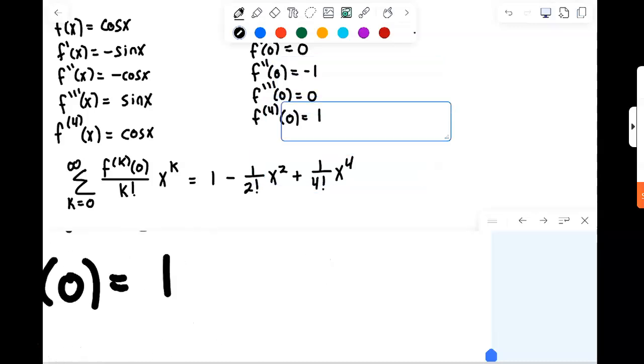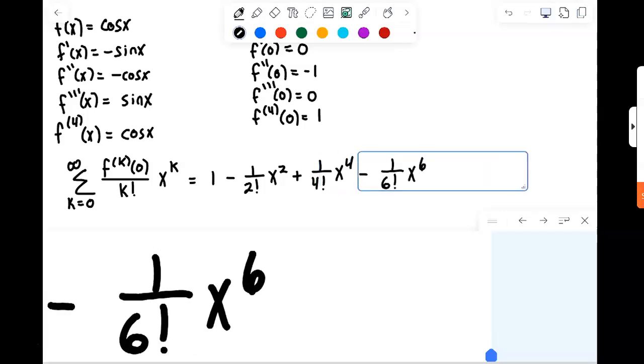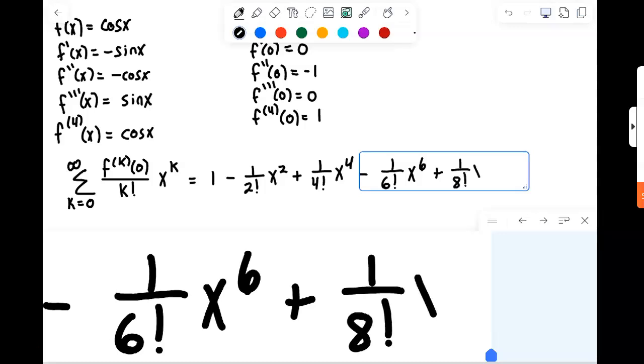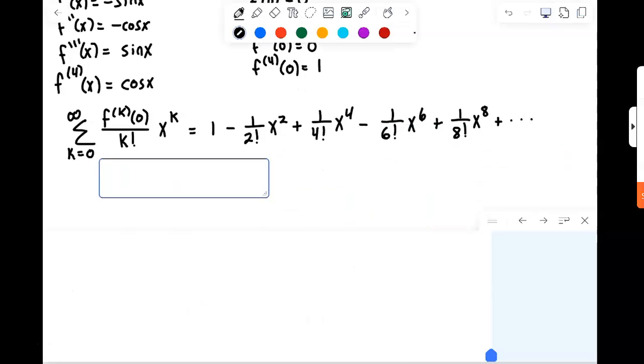The sixth would be back to minus 1, so minus 1 over 6 factorial, x to the sixth. And then plus, skipping the seventh, 1 again over 8 factorial, x to the eighth. And hopefully at this point you can start to see the pattern of what's going on here.